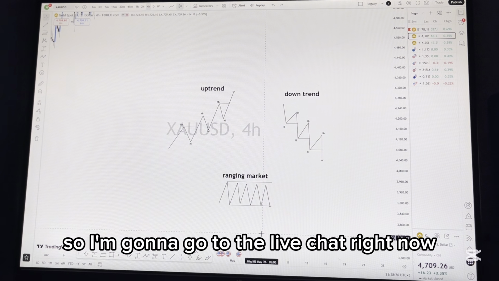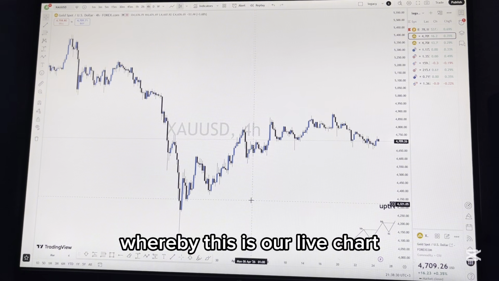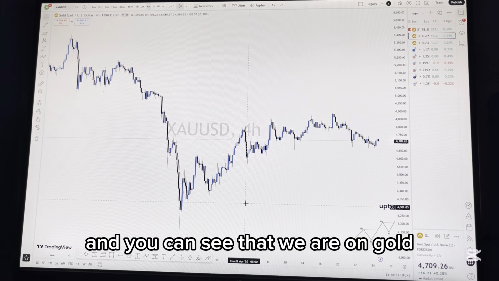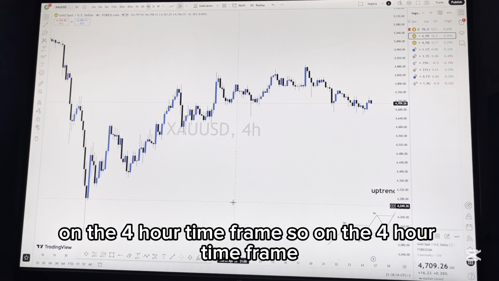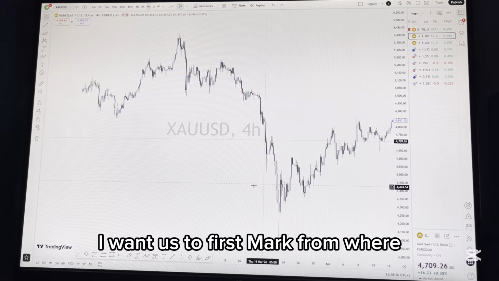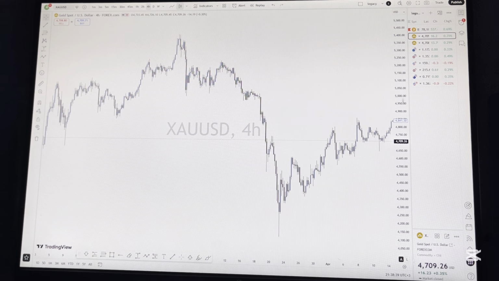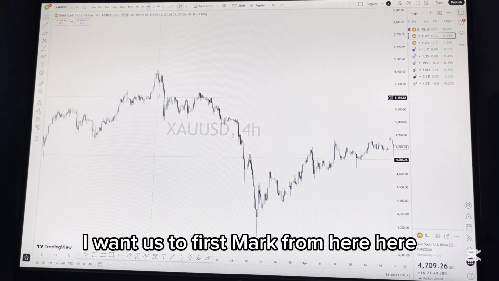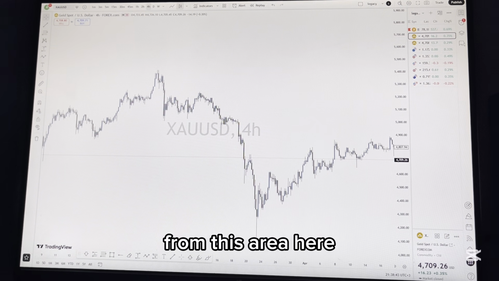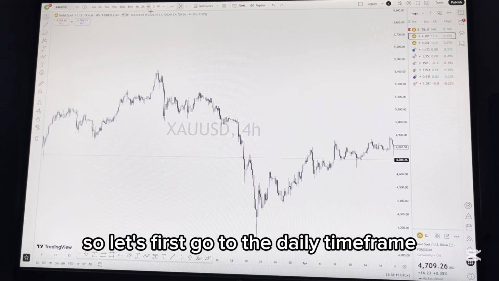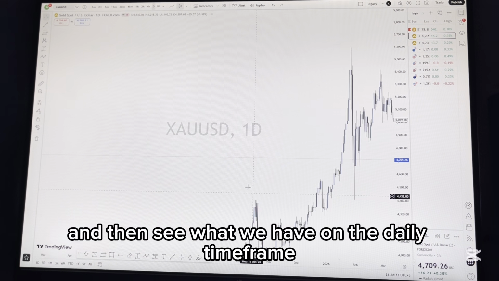So I'm going to the live chart right now, and you can see that we are on gold on the 4-hour time frame. I want us to first mark from this area here. Let's first go to the daily time frame and see what we have.